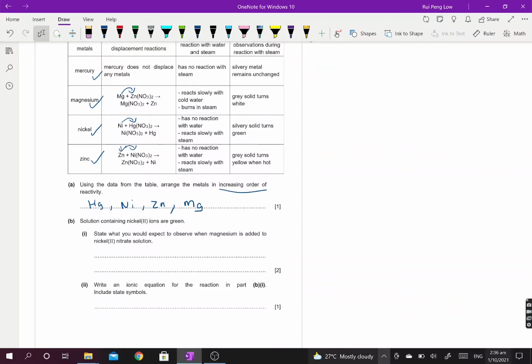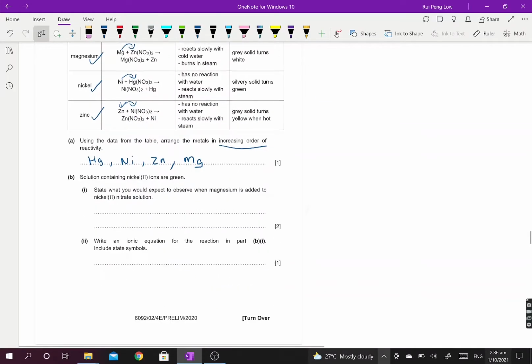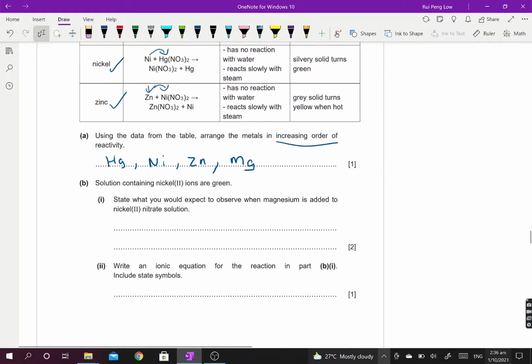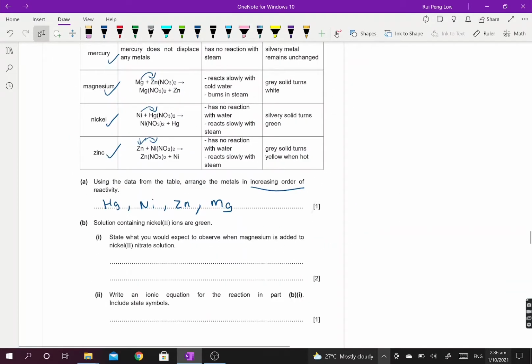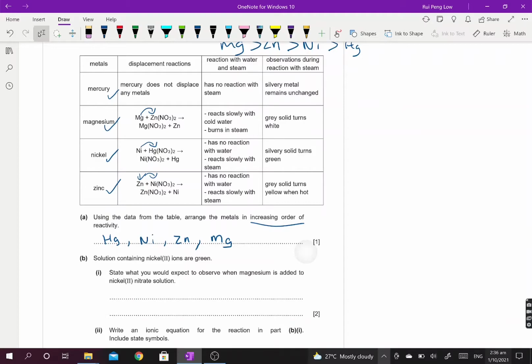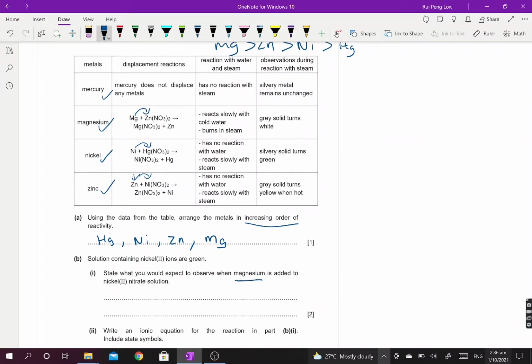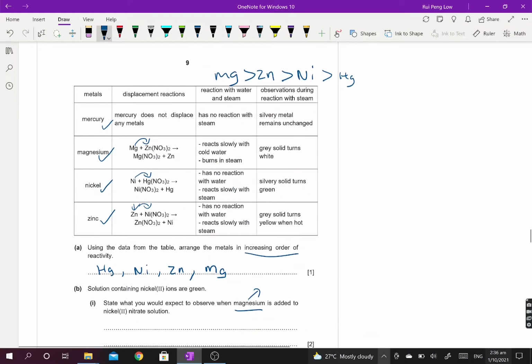The solutions containing nickel are green. State what you expect to observe when magnesium is added to nickel nitrate solution. So when you add magnesium to nickel nitrate, because magnesium is more reactive than nickel, it can displace.